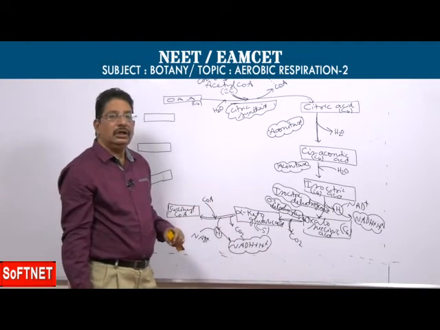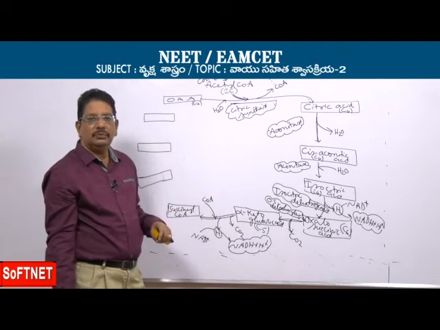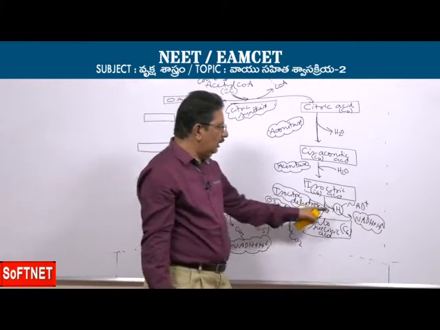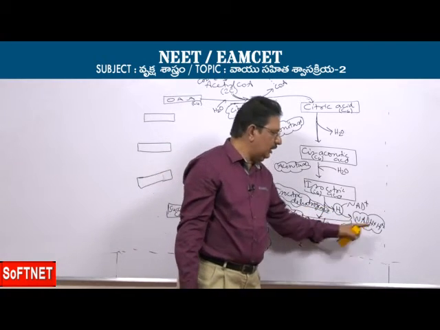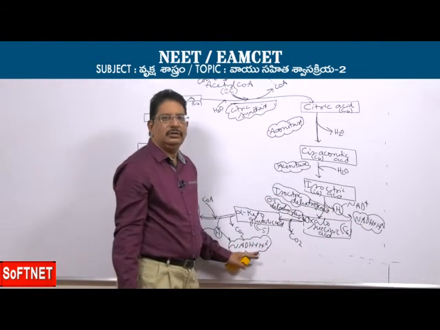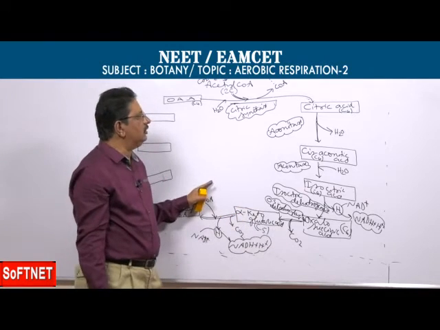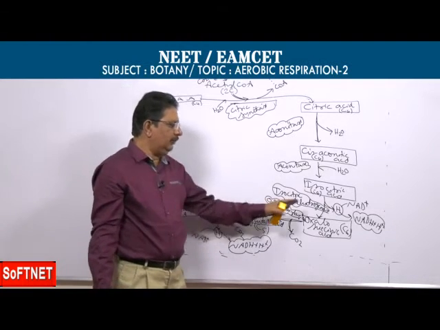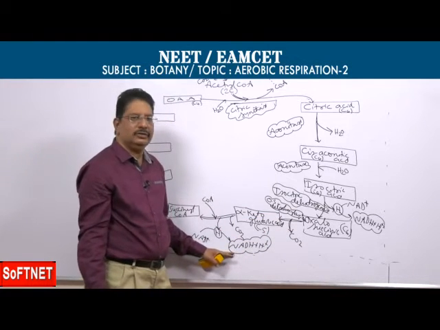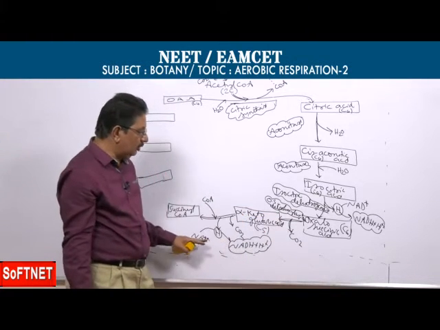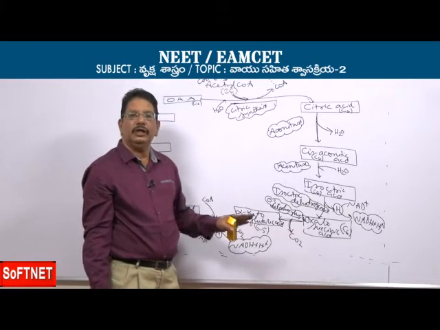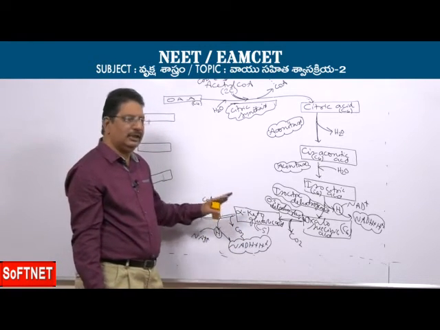So, those high energetic electrons of glucose are trapped and stored in NADH plus H pluses. So, still the energy of glucose is stored in different molecules like NADHs, where they further undergo some reactions. That electron energy is utilized for ATP synthesis. We will discuss it later.